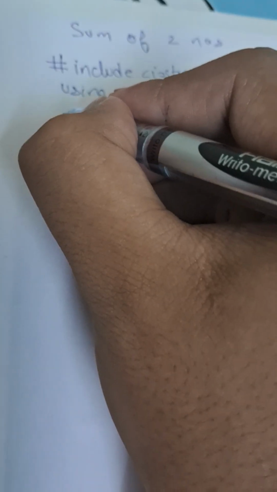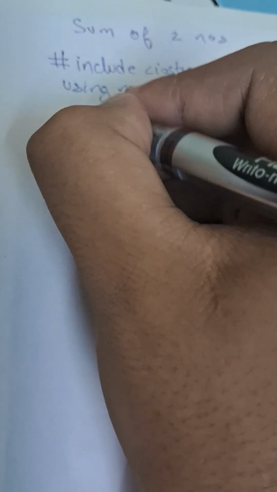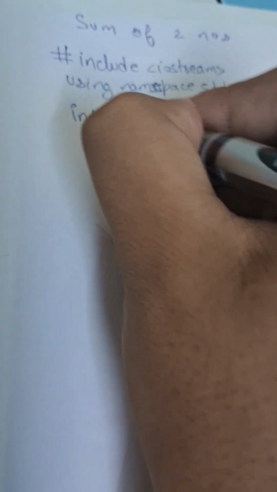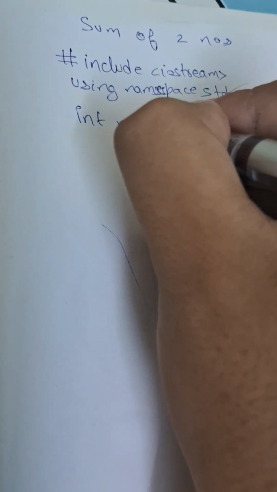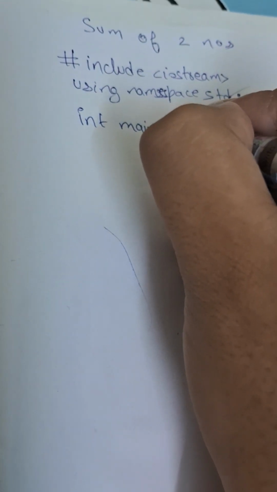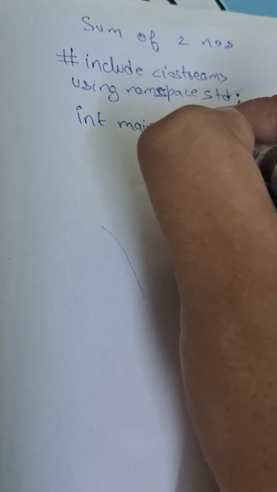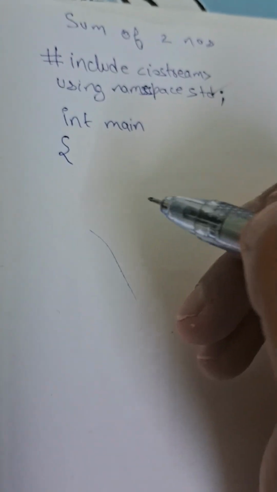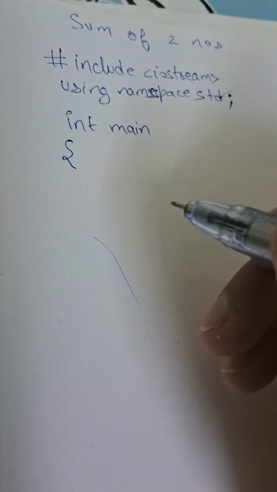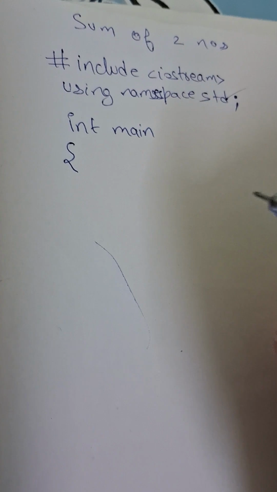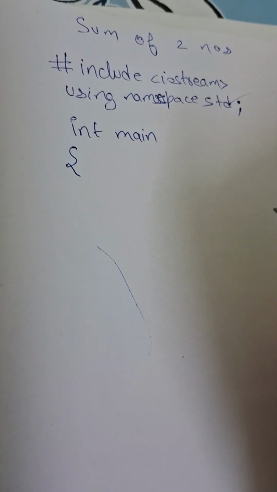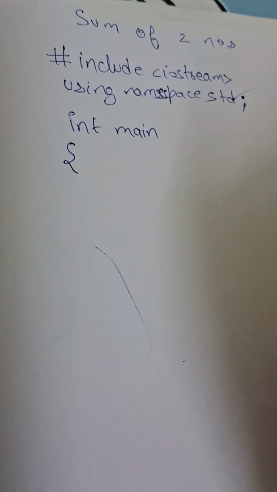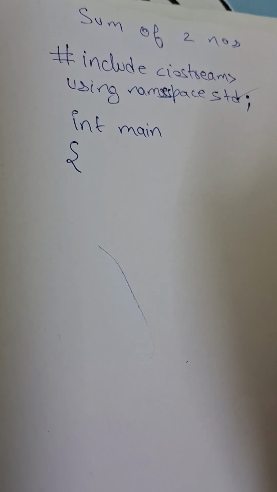After using namespace, our main function is started. First we know what we have to print. We have to print the sum of two numbers.